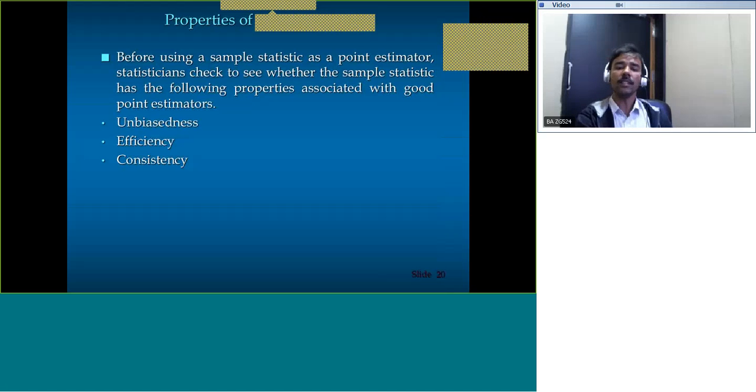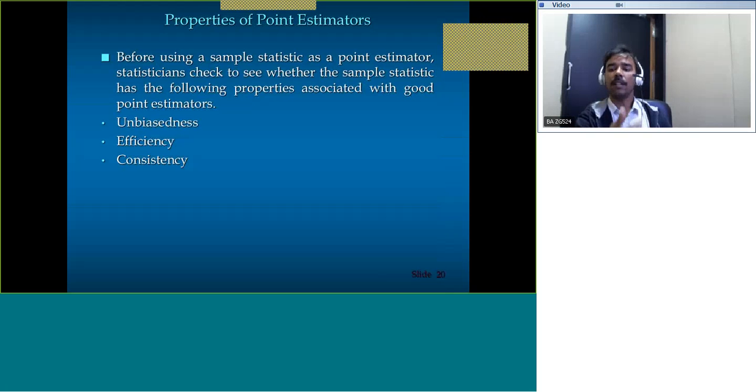Just now you have understood the concept of point estimation. Point estimation means there is a big population. A population has a particular characteristic, for example, the population mean you want to calculate. Though the population is very big, so it is difficult to calculate. For that reason, you are taking a small sample.